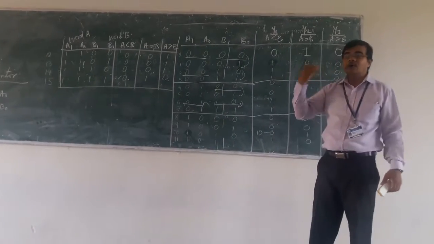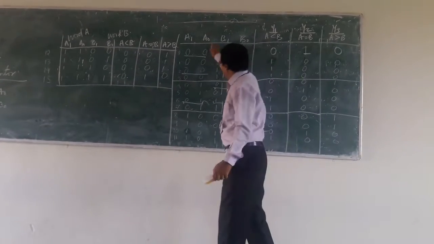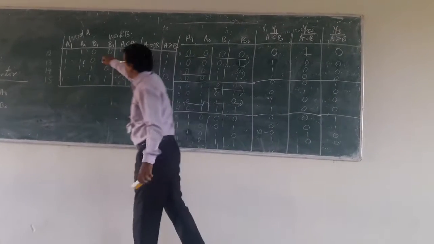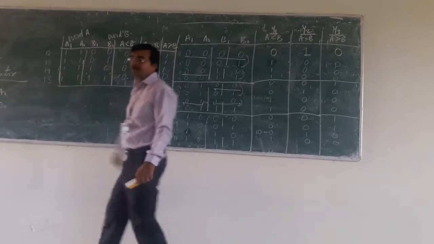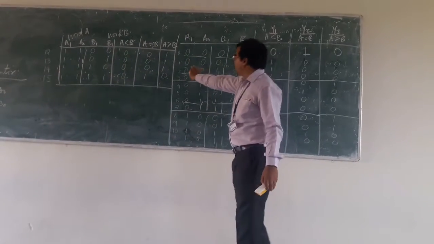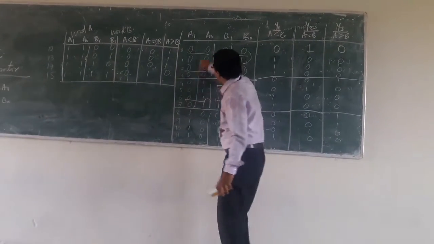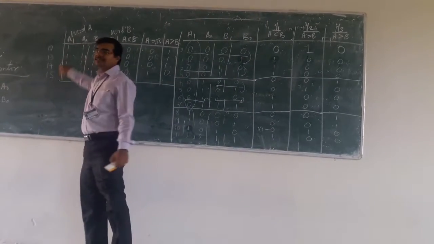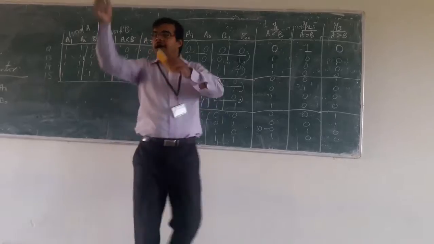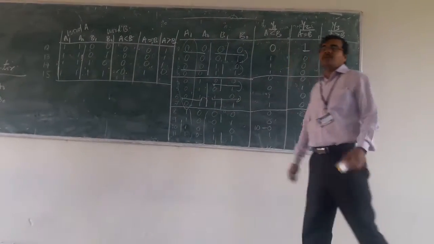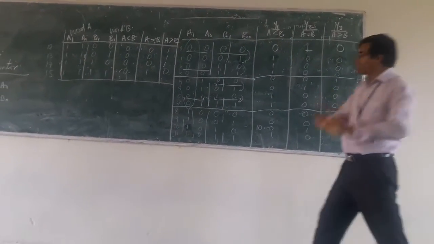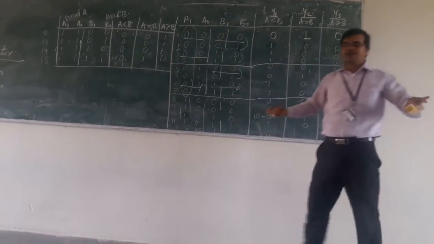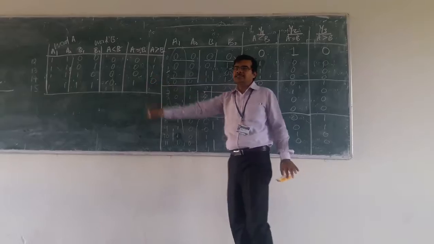For the third, write 4 zeros followed by 4 ones. And finally, for the fourth bit, you have 8 zeros followed by 8 ones. If you do this, you can write the different combinations without calculating the equivalent of each. This way you can proceed.